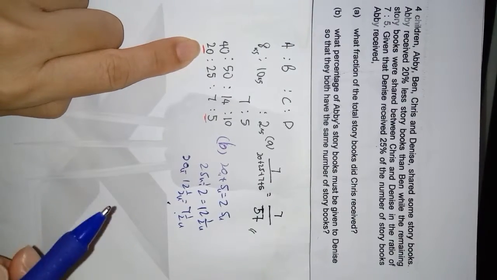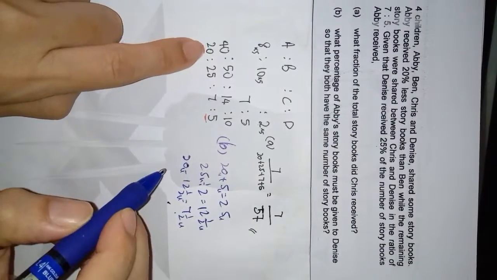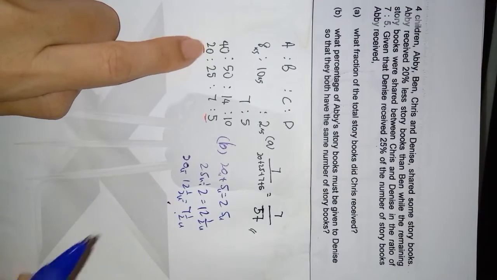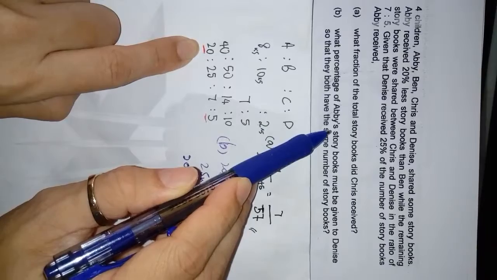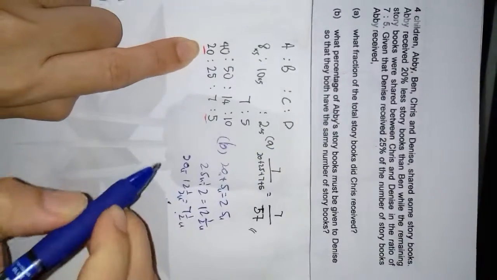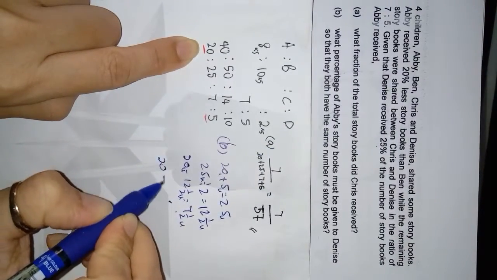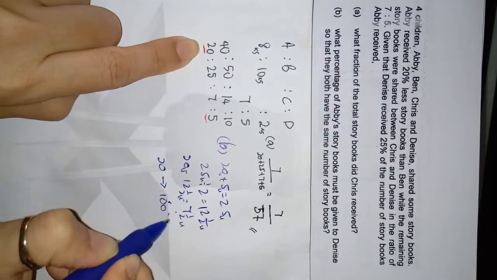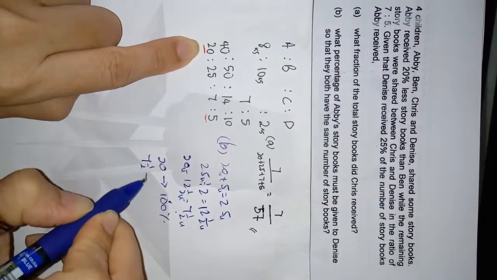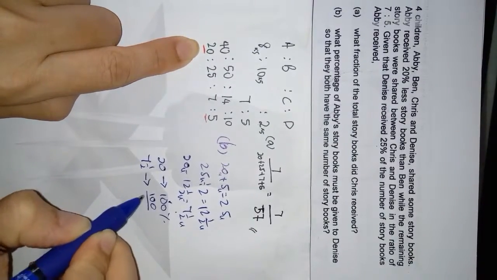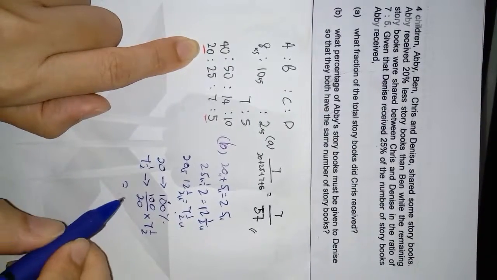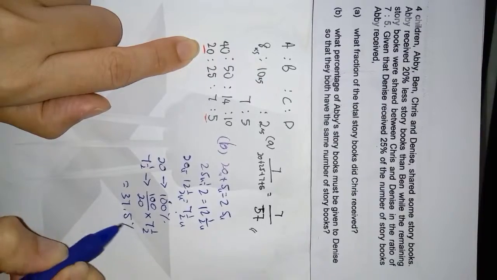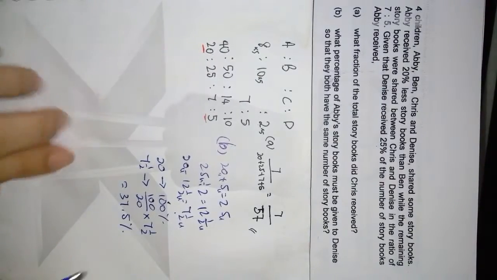Now I have to use the matching method. Abby's original amount is 100%. So 20 is 100%. Abby needs to give 7.5, right hand divided by left hand, times the bottom number, 37.5%. Done.